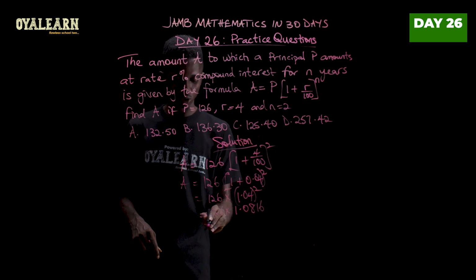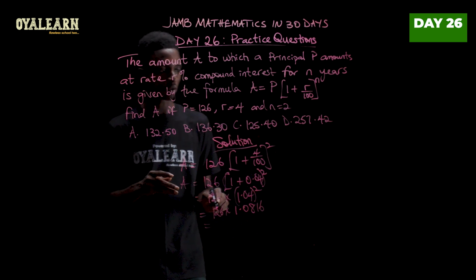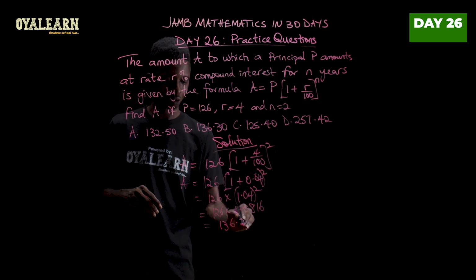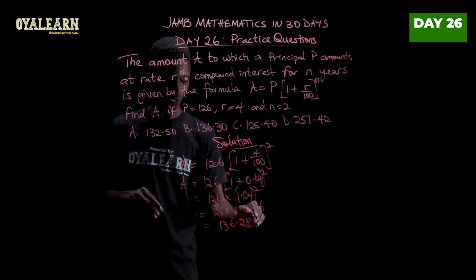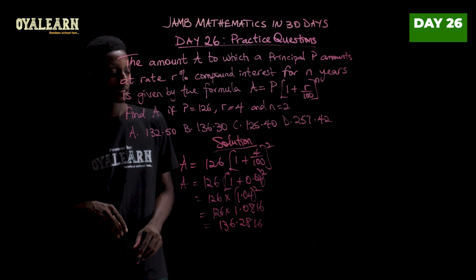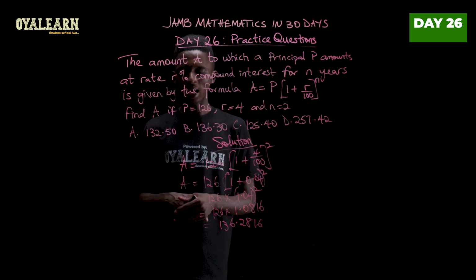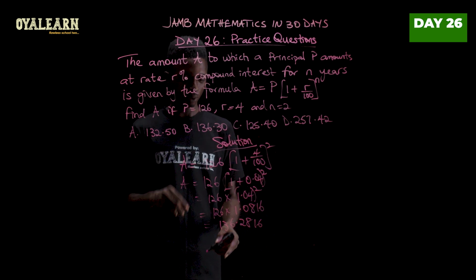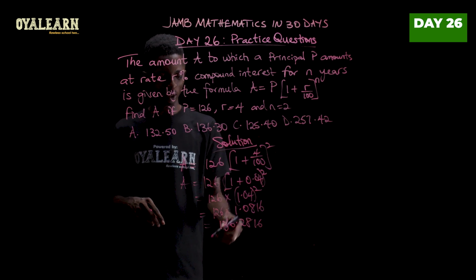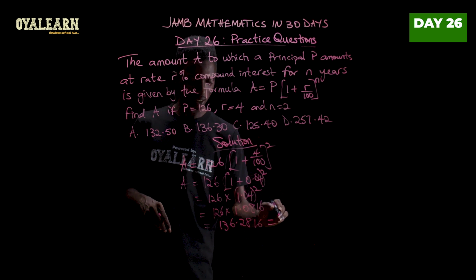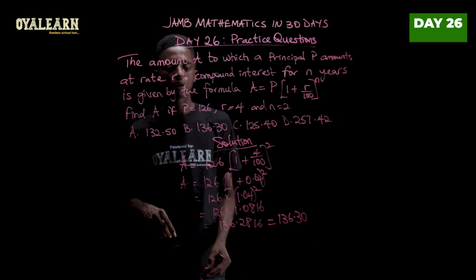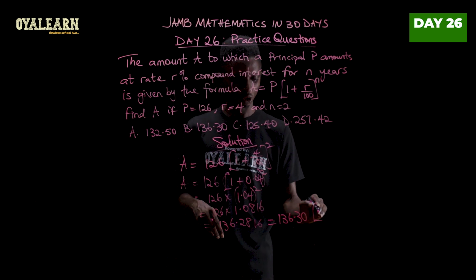And when we multiply these two together, what we are going to get is 136.2816. Now when we compare this with the options we have here, we see that the closest is B when we bring it to one decimal place. So what we will have here is 136.30. So our option here is option B.